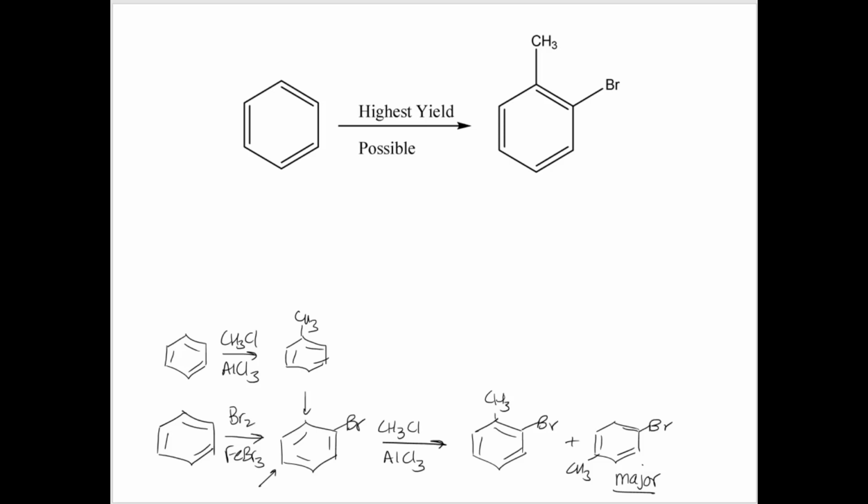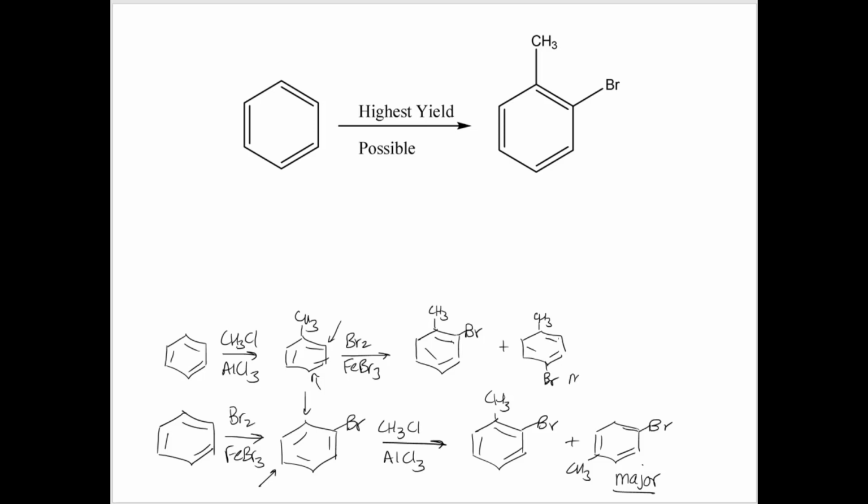So if I put the methyl group on the ring and then I said, well, let's go ahead and react that with bromine and FeBr3, what's going to happen? Well, the bromine again is going to go to the ortho and the para position. So in this case, I'm going to get some ortho bromotoluene, but I'm probably going to get a majority of the para bromotoluene.